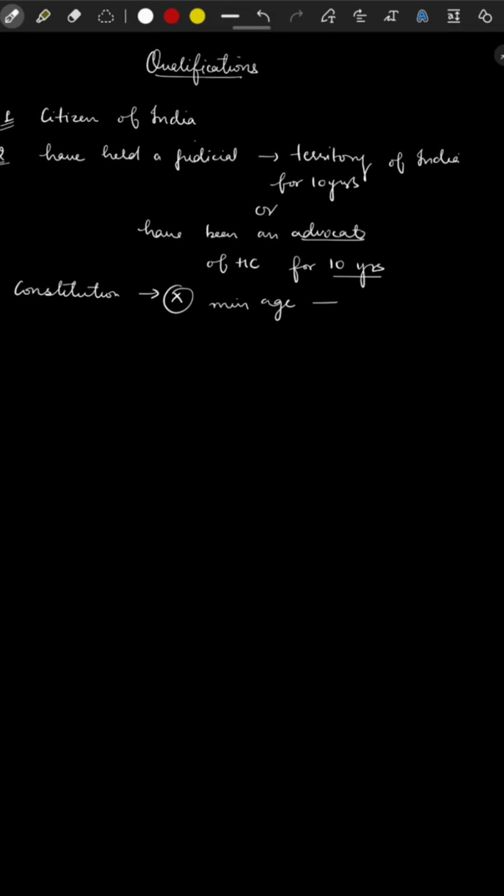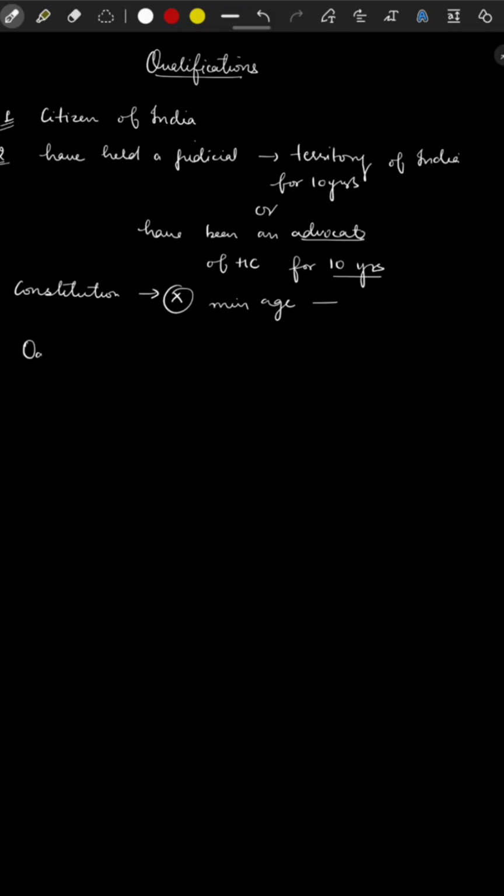The Constitution also makes no provision for the appointment of a distinguished jurist as a judge of a high court, which is there in the case of the Supreme Court, where he has to be a distinguished jurist in the eyes of the president, but not here.